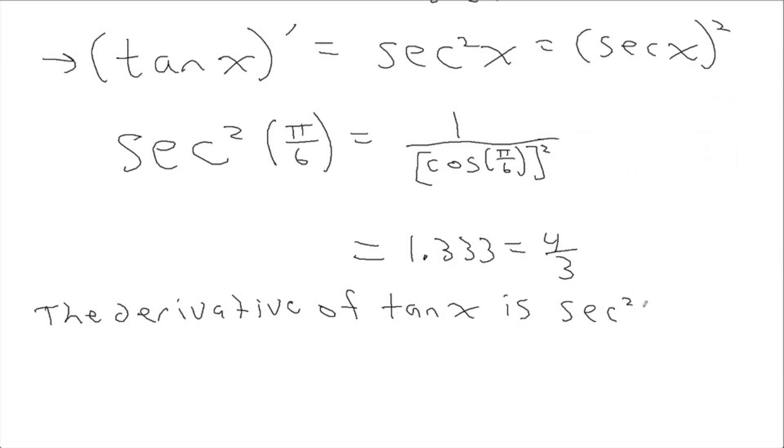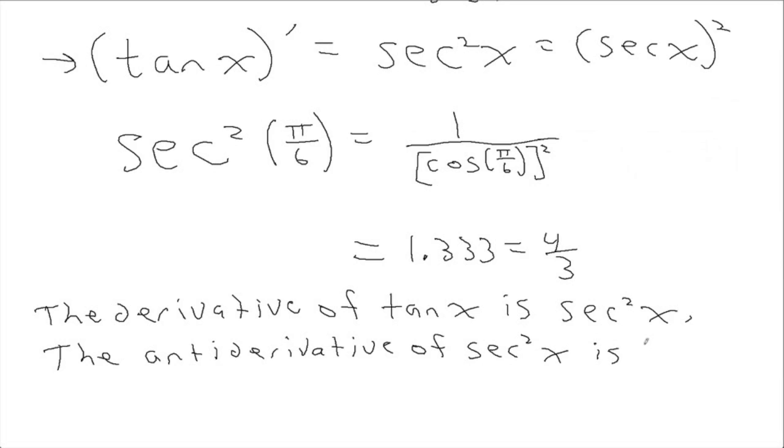Then you can say the antiderivative of secant squared x is tangent of x. Good. Probably better to say an antiderivative, because there are many antiderivatives. But otherwise, that's excellent. Very good.